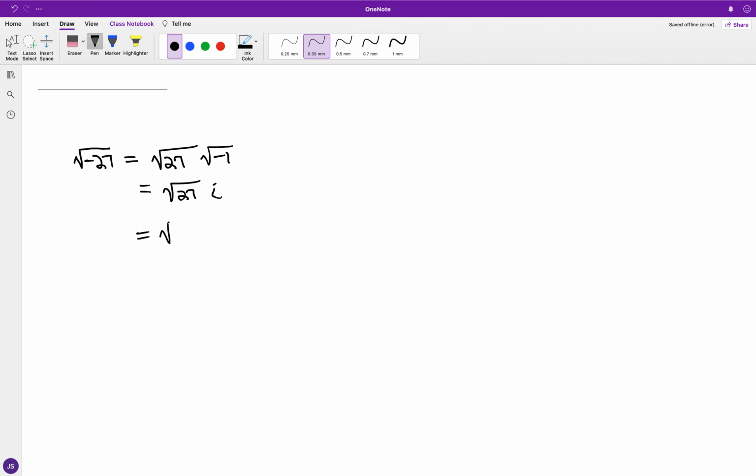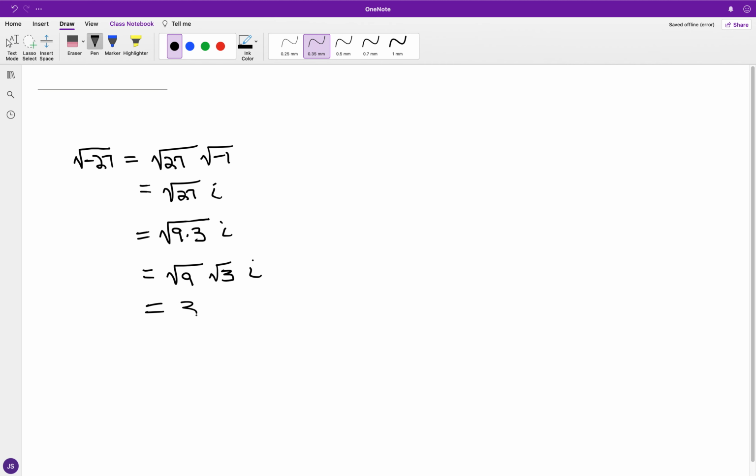For the highest perfect square divisible into 27, that is going to be 9. Looking at radical reduction, the square root of 27 is the square root of 9 times the square root of 3, and again we have i to follow.